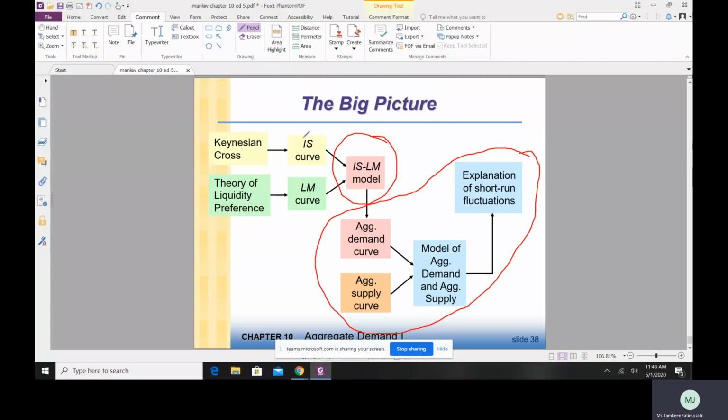We derived the IS model from the Keynesian cross, and the LM model from the liquidity preference theory, which says that money market equilibrium is established where the real money supply equals the real money demand. The connection between IS, LM and aggregate demand is left, and it will be studied in the next chapter. So with this, I'm going to end this chapter.